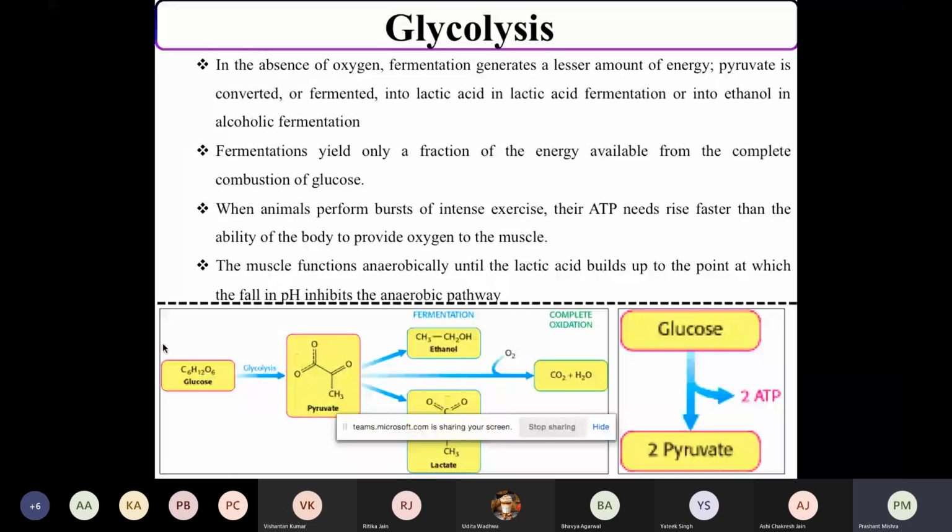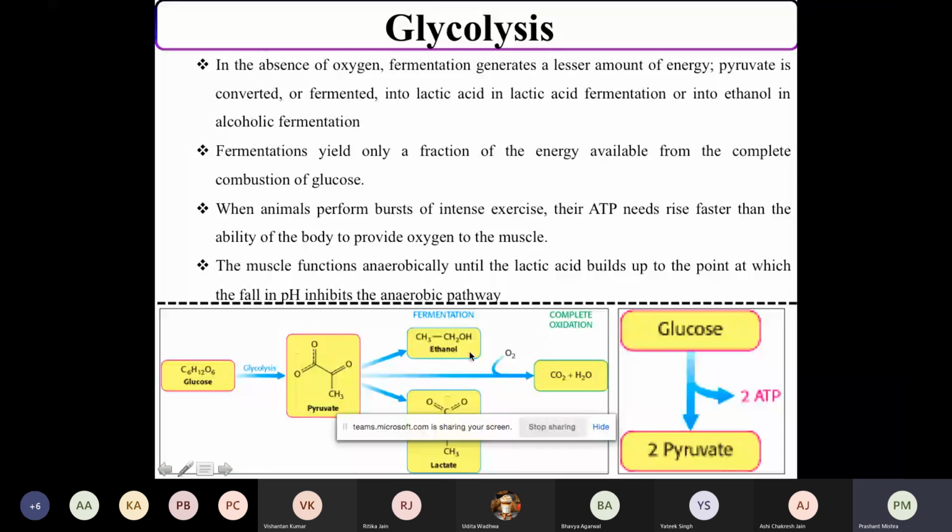First thing is glucose. So in fermentation, what is happening? Glucose is converted into ethanol or glucose is converted into lactate. So what is this conversion? One organic molecule is converted into another organic molecule, and it's an incomplete conversion. On the other hand, glucose is converted into CO2 and water, all inorganic molecules. So if I try to define fermentation as a biochemist, it is incomplete conversion of glucose into another organic molecule.